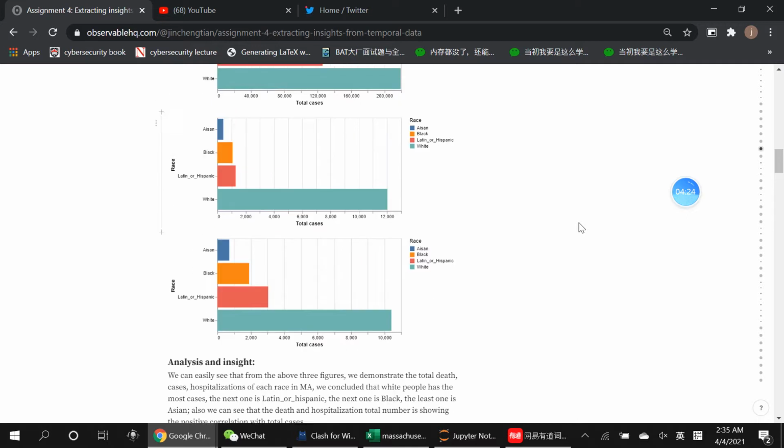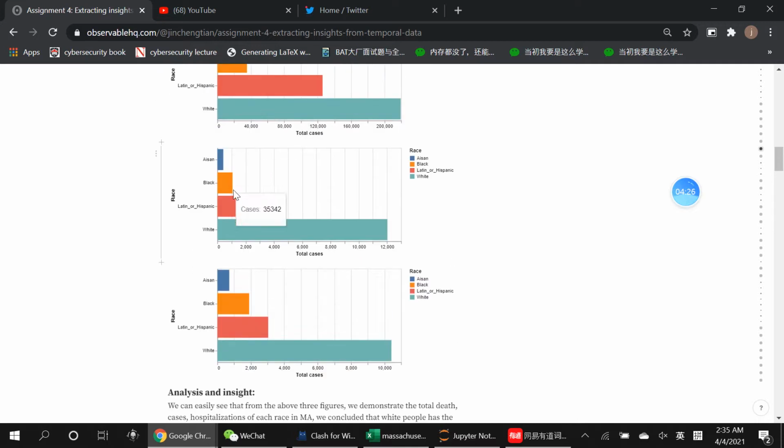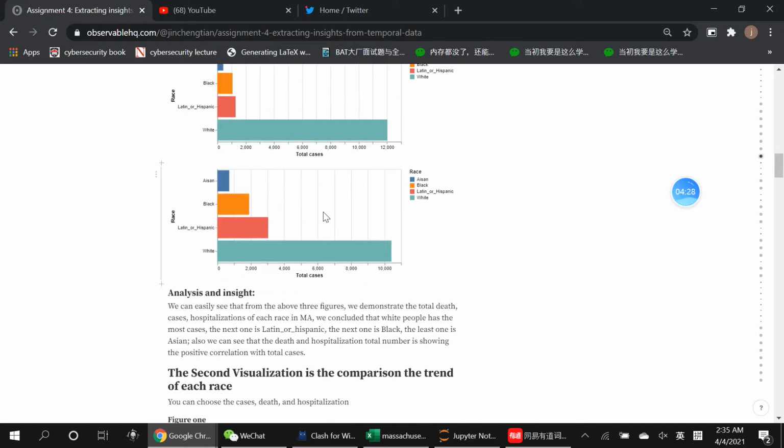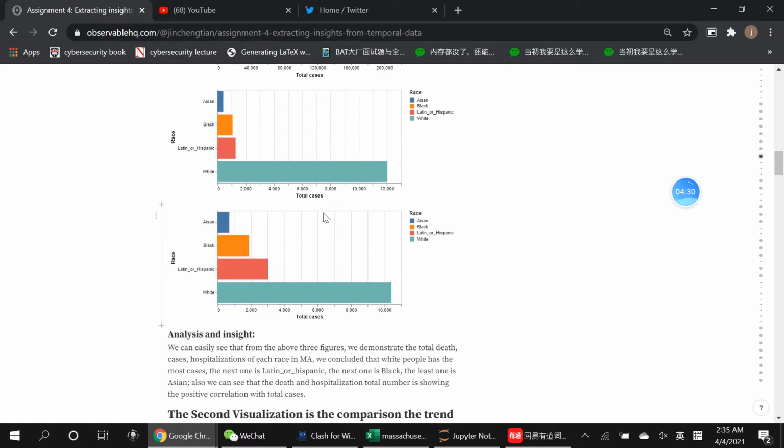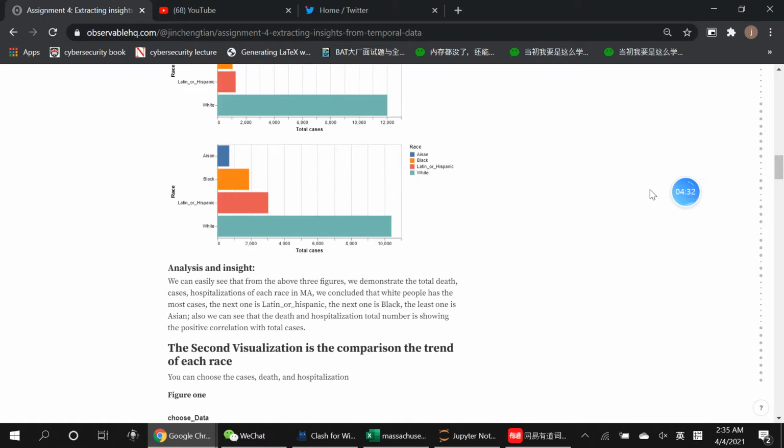All of the cases, deaths and hospitalizations have positive correlations, which means the higher the cases are, the higher the death numbers are.